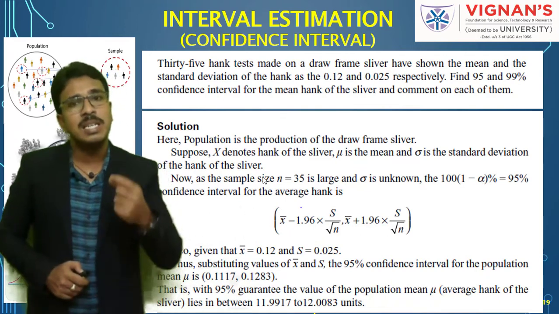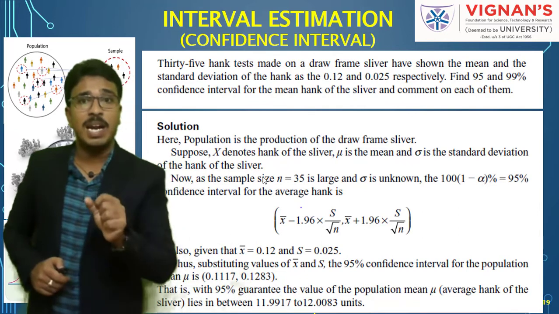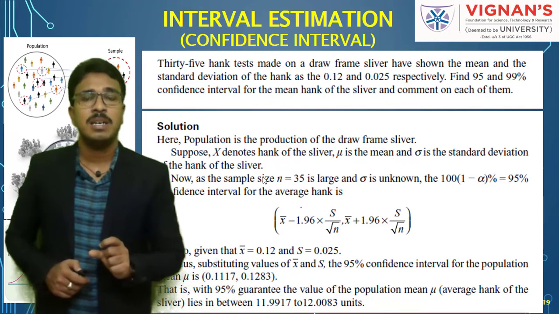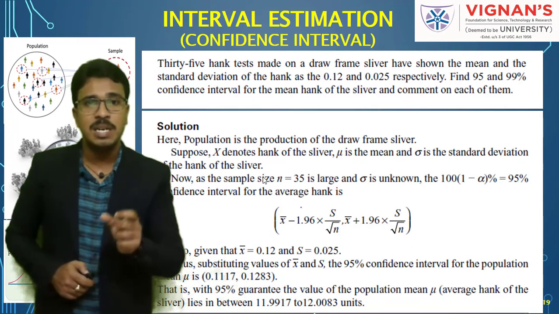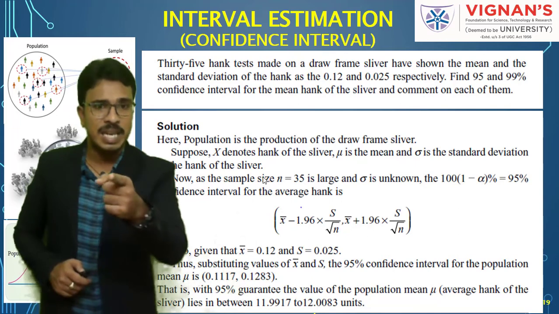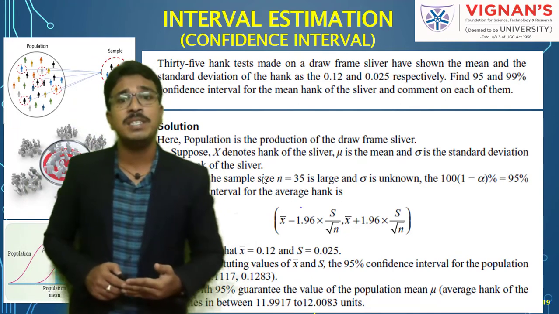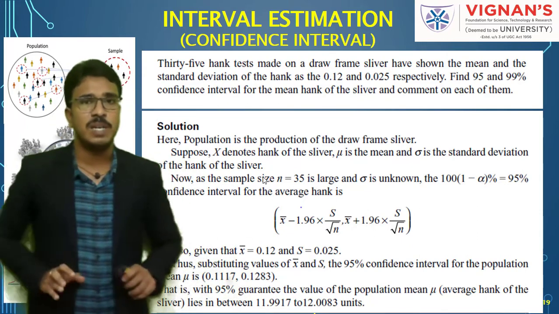And what other information is given here? The x bar value, that is sample mean, and standard deviation are given. Sample mean we represent with x bar, that is 0.12, and sample standard deviation we represent with capital S, that is 0.025.